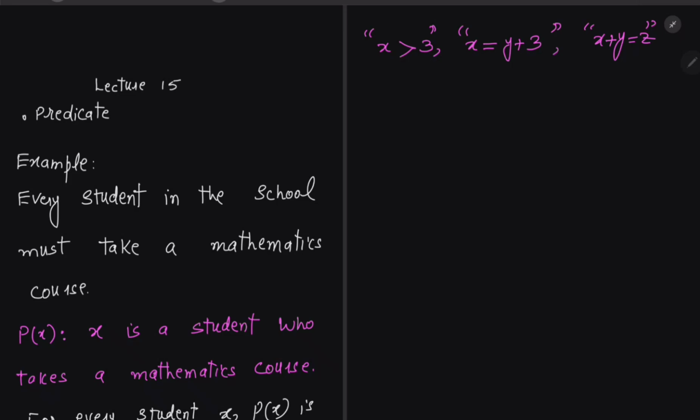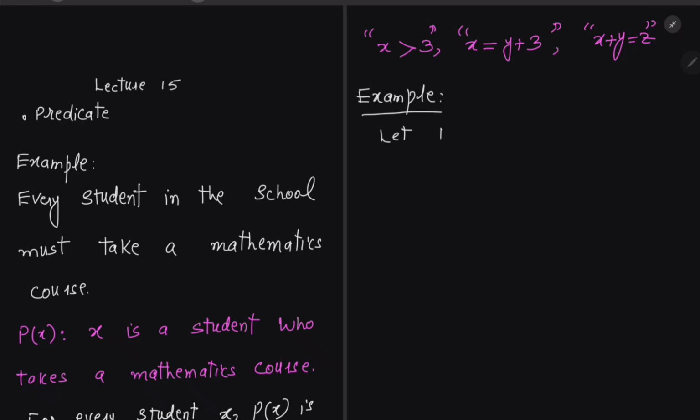These are three statements which cannot get a truth value, true or false, by using proposition. Okay, so we'll look at the example over here, how a predicate can be used to find the truth value.